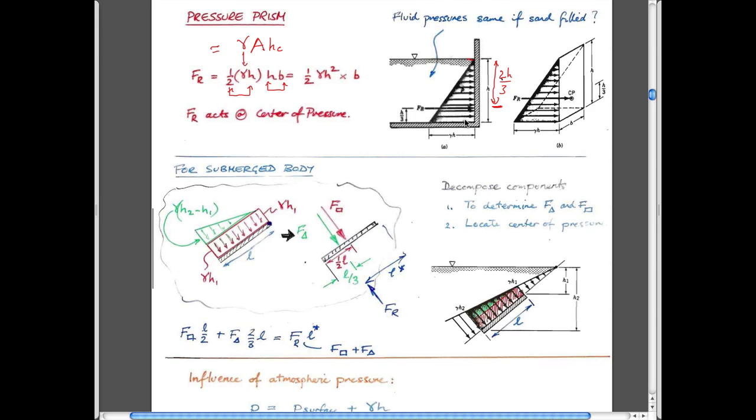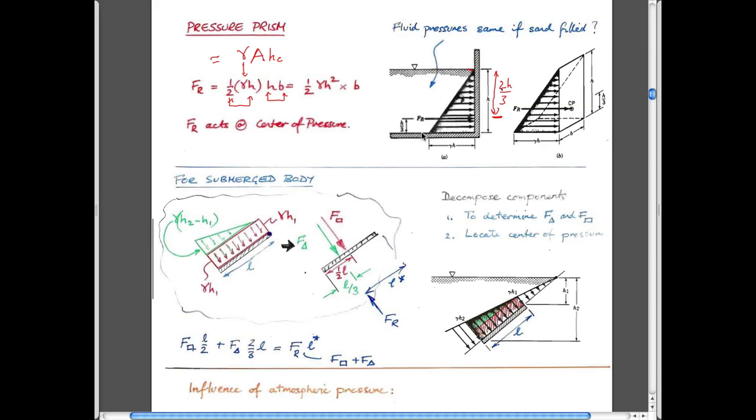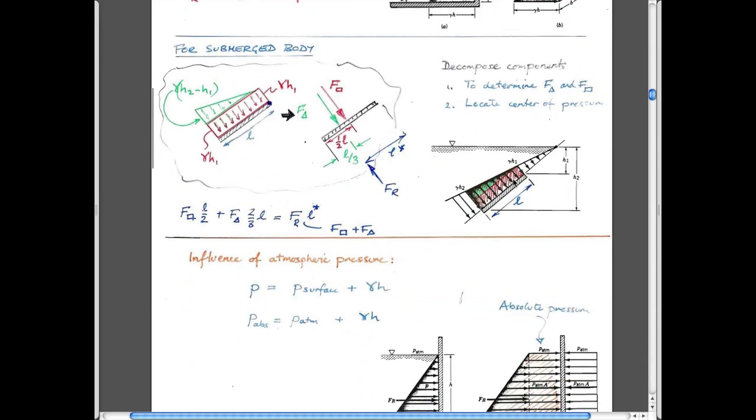And so what you can do, if you know these standard results for this triangular distribution, is break down the pressure distribution on an inclined plane into two parts and do the moment calculation, right? So this is the distribution. You can break it down into a prismatic part where you know the point of action is in the middle.